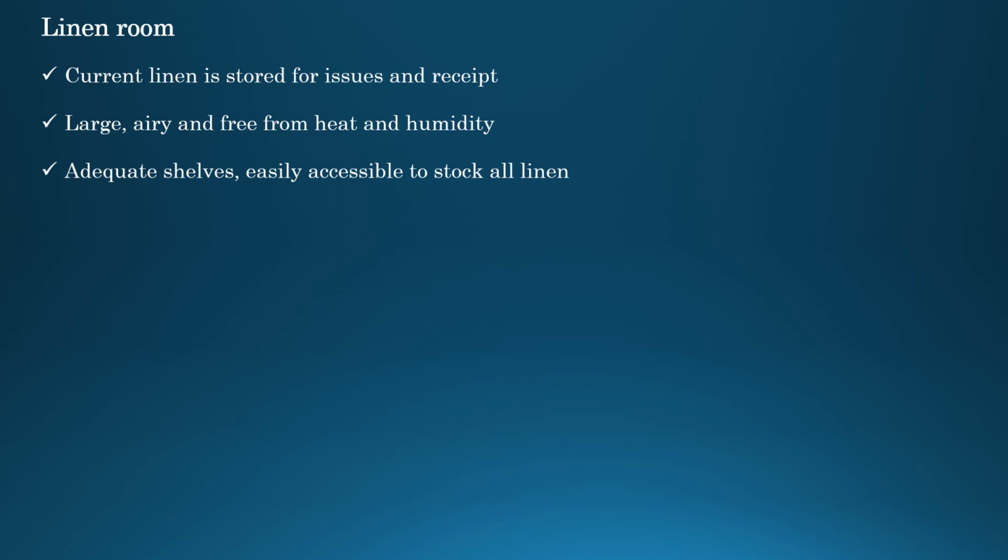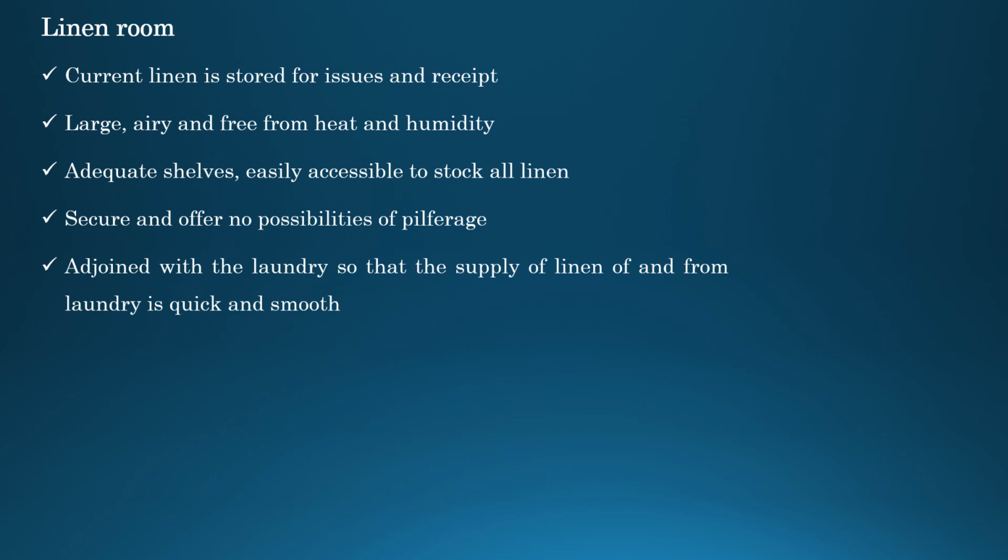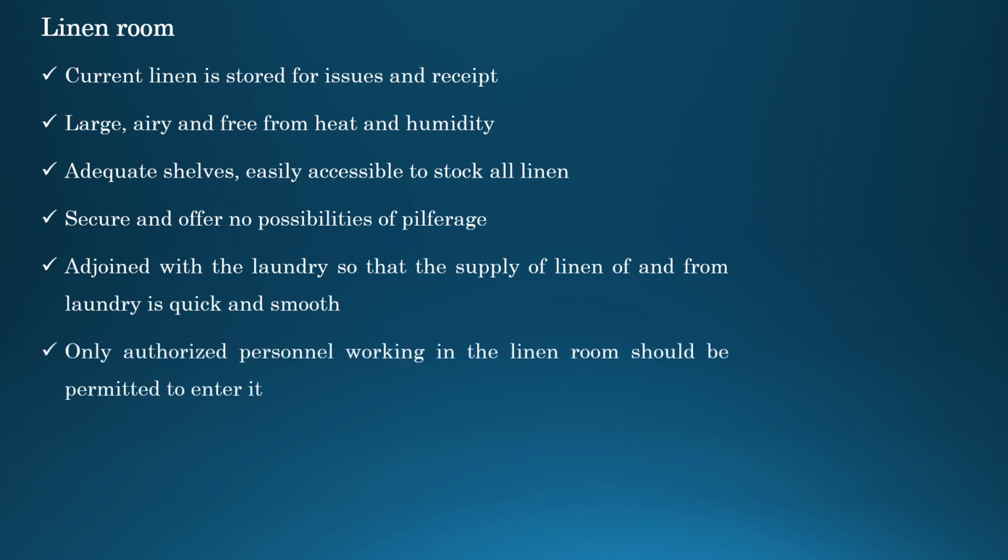There should be adequate shelves and racks to stock all linen and hanging facilities for uniform. It should have a counter across which exchange can take place. Large hotels prefer to have a separate uniform room and dedicated linen room since the uniform workforce is large. Only authorized persons working in the linen room should be permitted to enter.